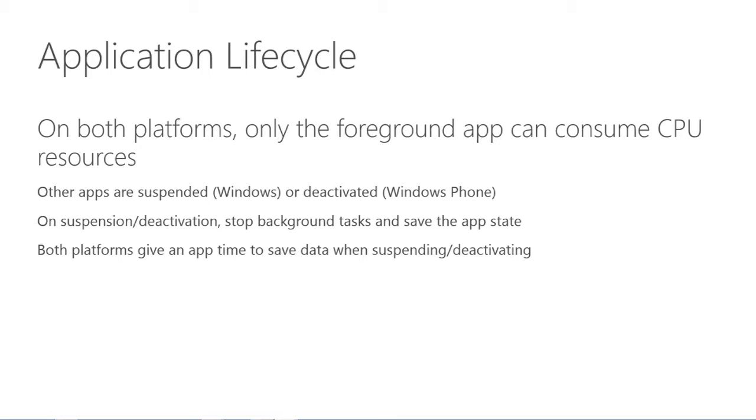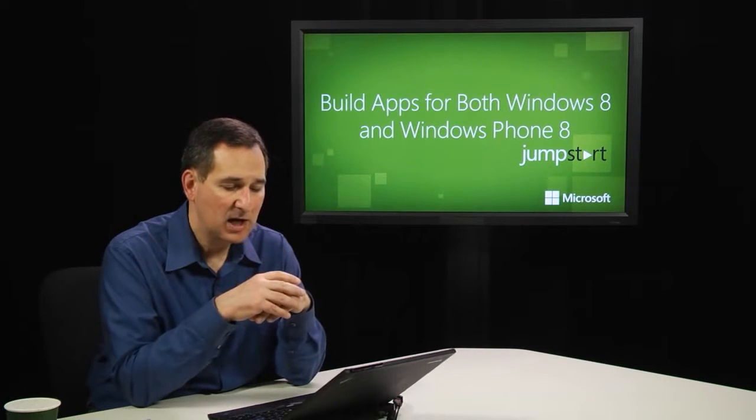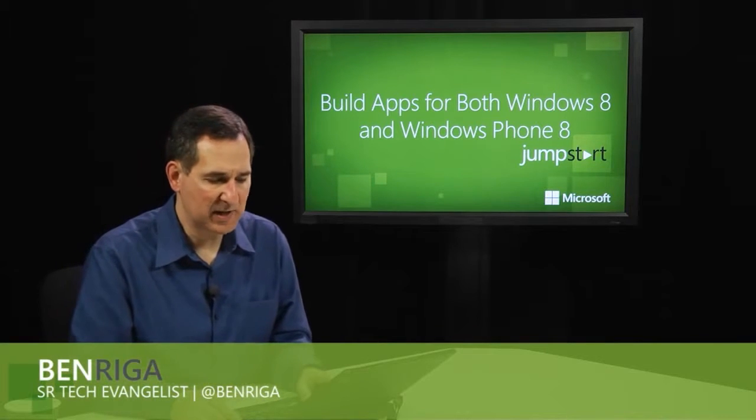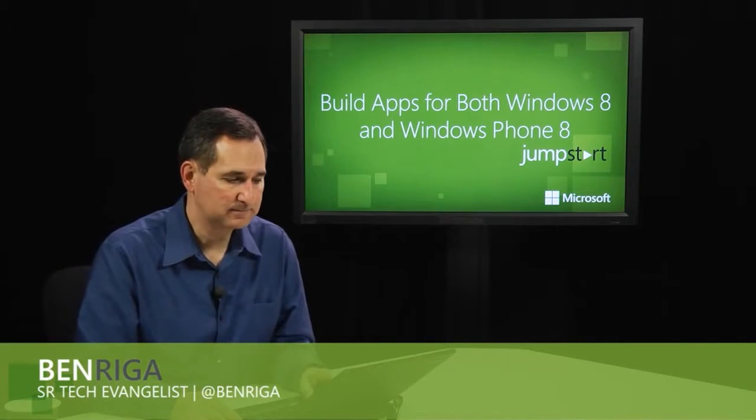Both platforms give the app a certain amount of time from when they begin getting suspended, when they get that suspending or deactivating event, in order to save state. It's a few seconds, more than enough to save your state in local storage, and then you're put into that suspended or dormant state.